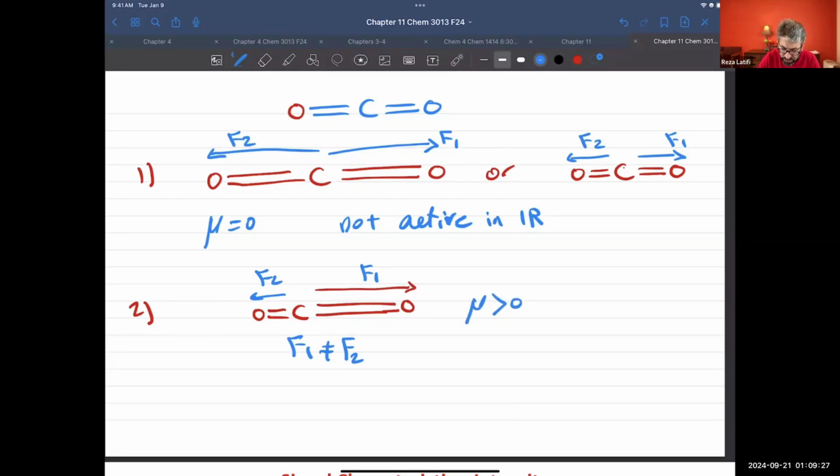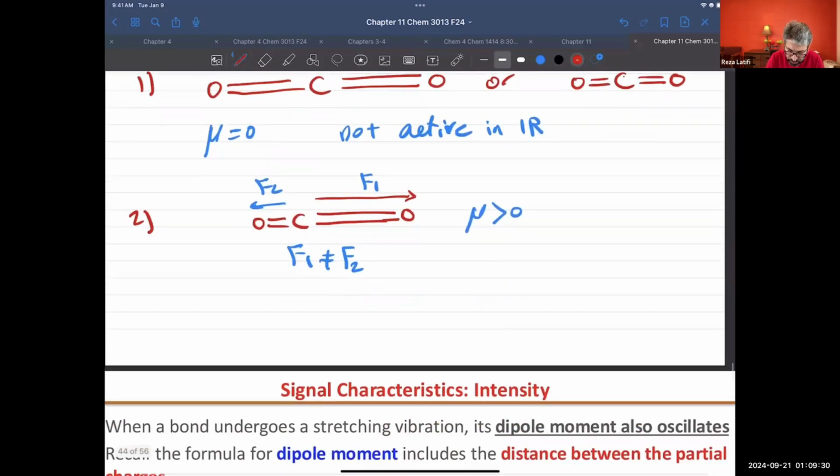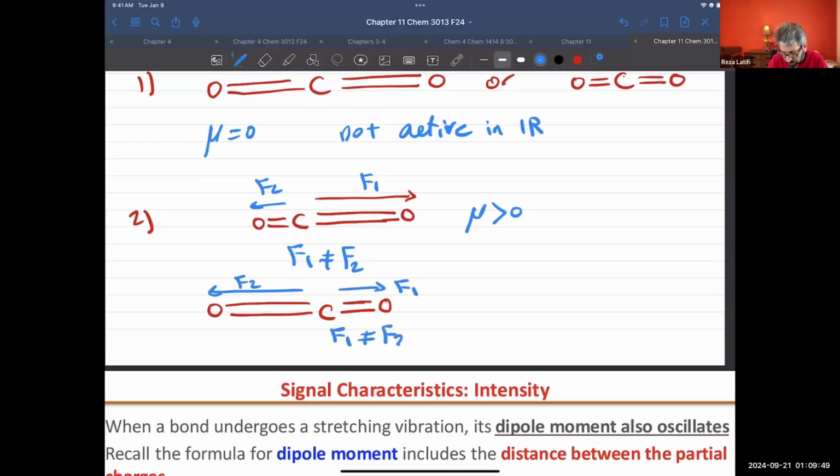And of course, you can draw this one the other way, increasing this one but keeping the second one as it is, or contracting it. Again, this force, call it F2, is not equal to F1. So mu is going to be bigger than 0, and that's a non-symmetrical stretch. If it's non-symmetrical, the molecule will be active in IR. So this one will be active in IR.